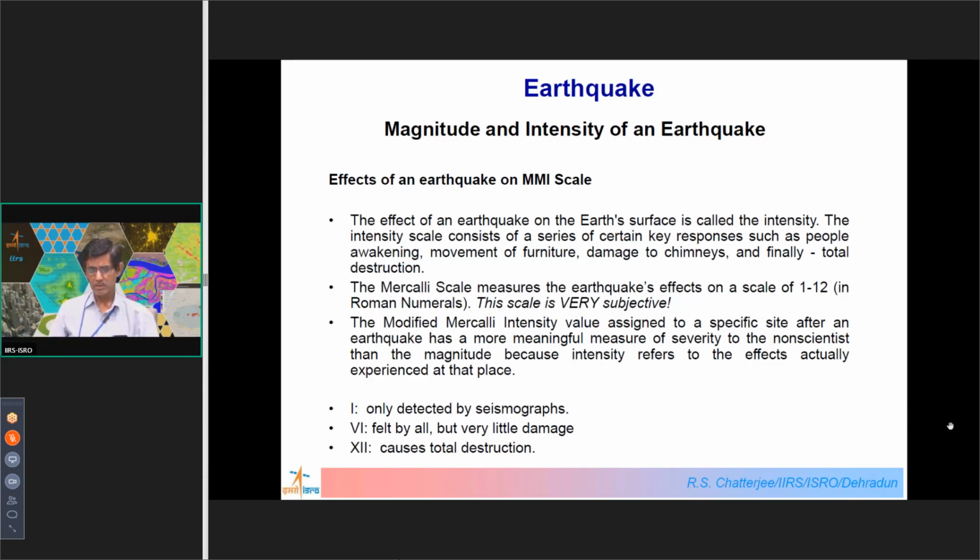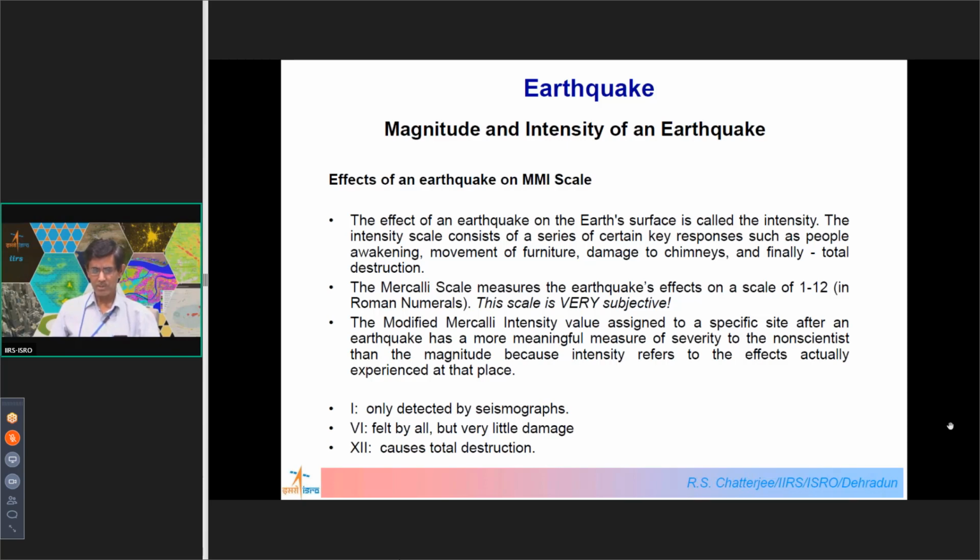It measures the earthquake's effect on a scale of 1 to 12, but this scale is very subjective. The modified Mercalli intensity scale, also known as the MMI scale, assigns a value to a specific site after an earthquake, and it is a more meaningful measure of the severity of the earthquake.